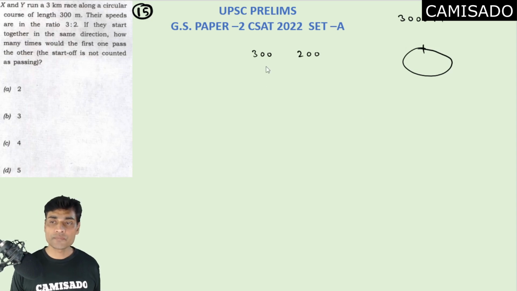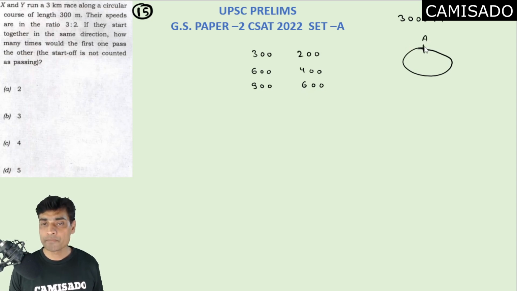So basically what we can see is when we will get both of them at the same place. So it's 600, at that time it will be 400, and then it's 600, then it will be 900. So when this one will travel 900 meter, it will be at this point only, and then it will be 600 on the third round.